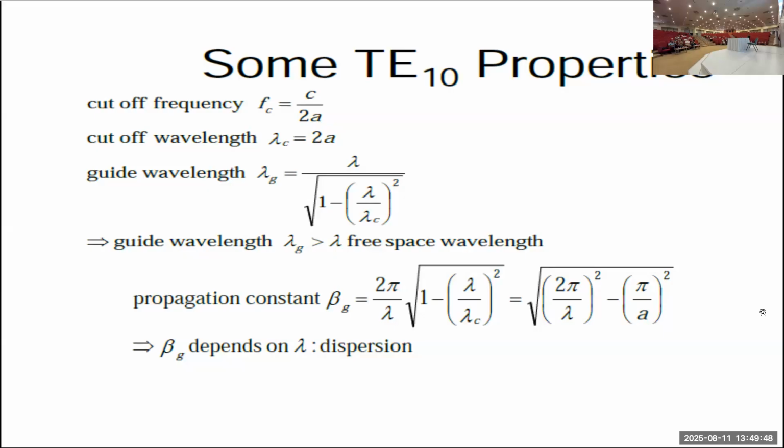Similarly, the propagation constant beta g inside the waveguide depends upon lambda, because we have a fixed waveguide. Its a is fixed, its b is fixed. Only the frequency is changing.